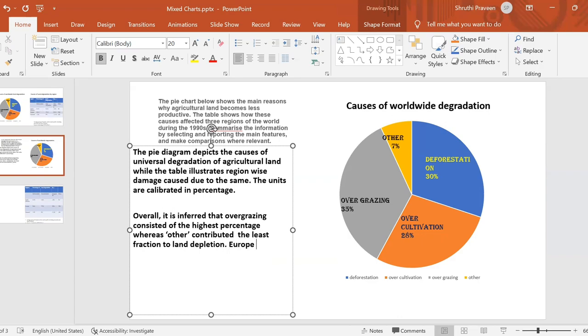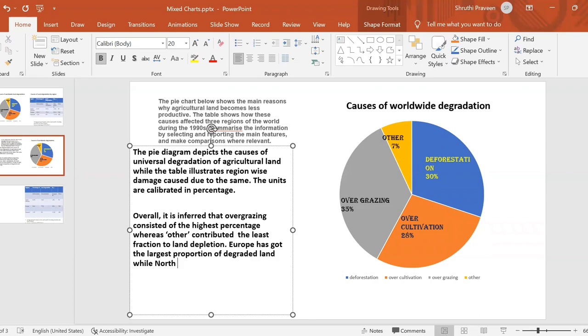So this is my second key feature. Europe has got the largest proportion of degraded land. While, so here I've written whereas, now I'm writing while, to connect.